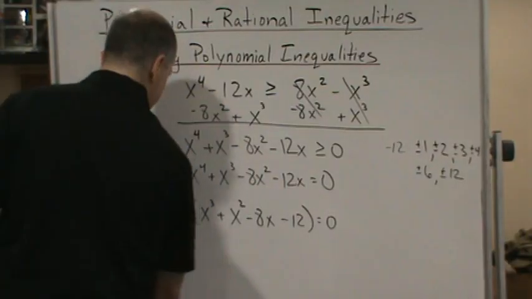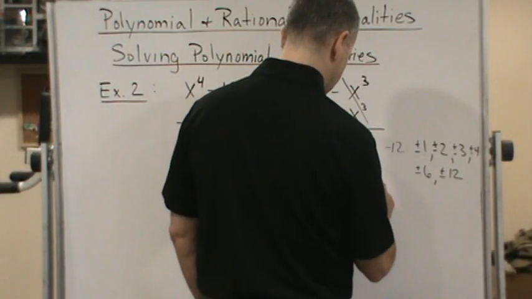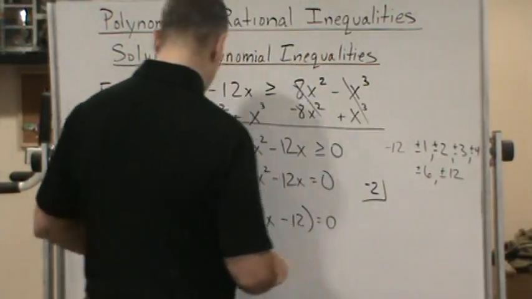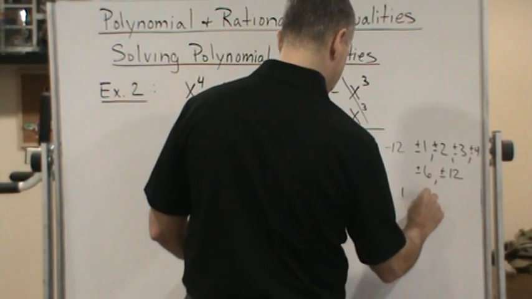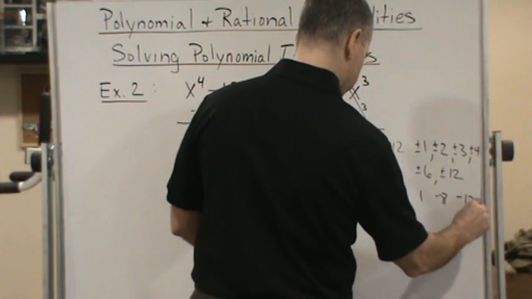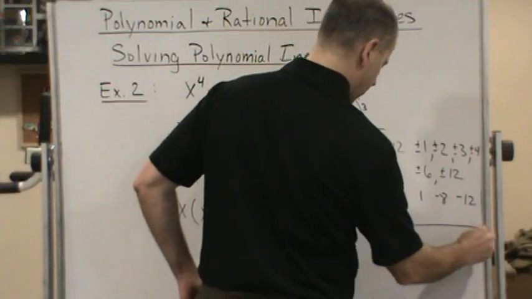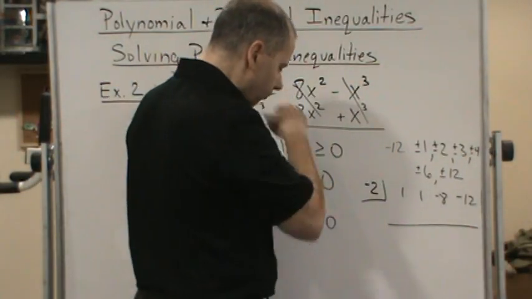All right. So now let's do our synthetic division and see what the quotient is going to be. So it's going to be negative 2. And what are our coefficients? It's going to be 1, 1, negative 8, negative 12, right? So let's go through this.